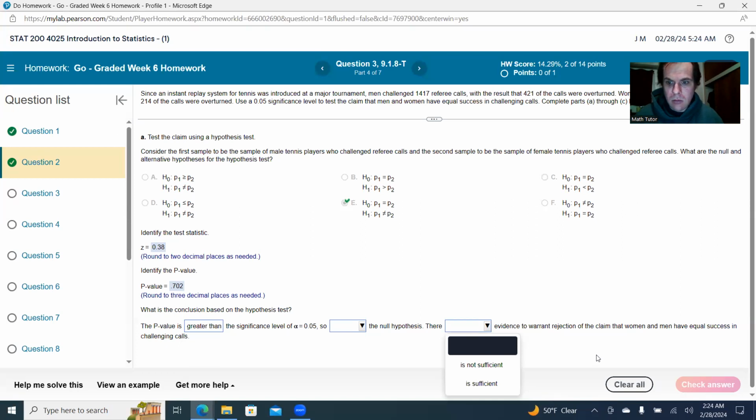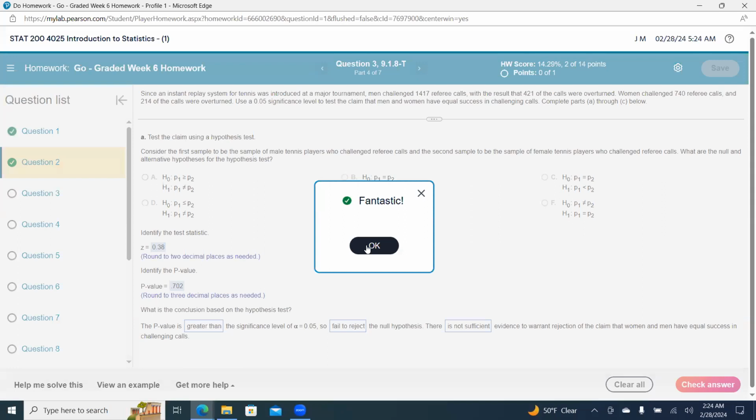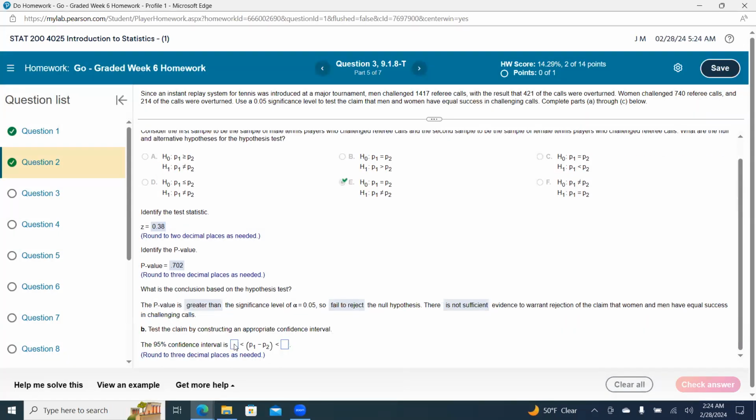Usually with the significance level, that fail to reject the null should mean, if we read it, there's not sufficient evidence. It's easy to read it clearly after you do the test.